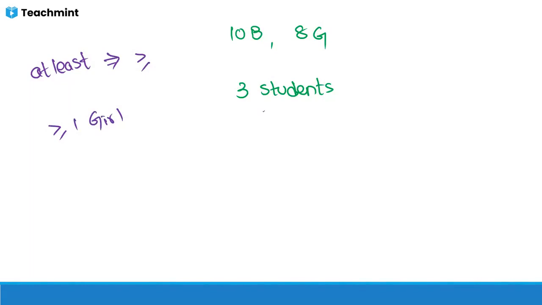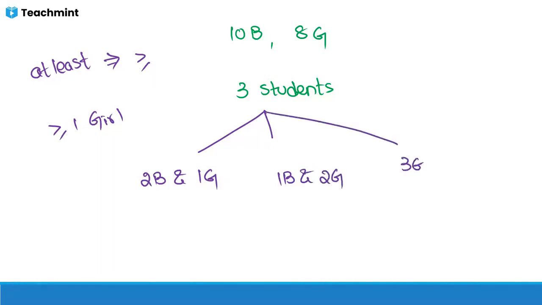Meaning, among three students, one girl minimum means it's two boys and one girl, or one boy and two girls, or all three are girls. At least means minimum.